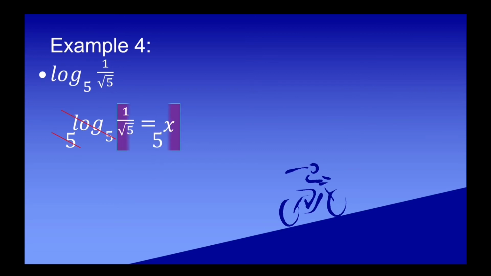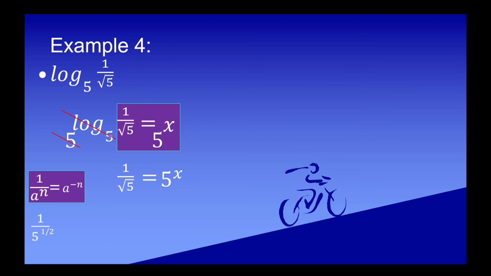So log 5 cancels. Meron tayong new equation, that 1 over square root of 5 is equal to 5 raised to x. Then applying the negative exponent, 1 over a raised to n, by reciprocating, this expression is equal to a raised to negative n.